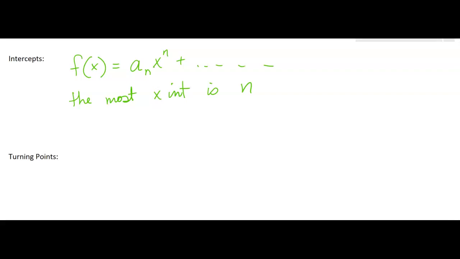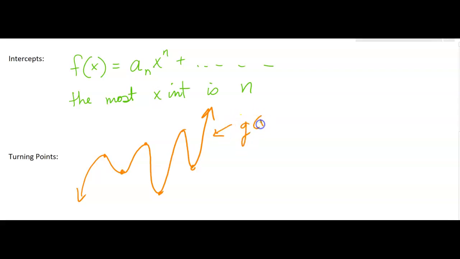Turning points. So say you have something like this. There's a crazy function for you. How many turning points are there? 1, 2, 3, 4, 5, 6. That means this has to be at least a 7th degree or higher degree for this function. So call this g of x.